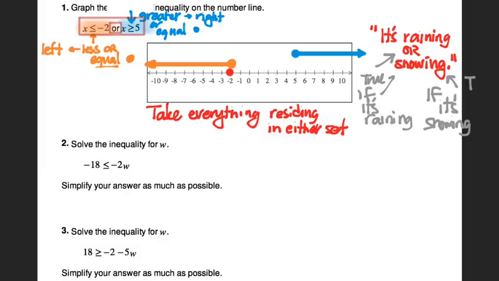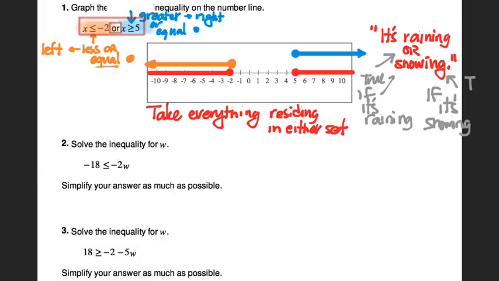So I'm going to include a piece in my final answer that shades -2 and everything to its left. But then, likewise, I'm also going to include everything which is greater than or equal to 5. And so my final answer will also include the number 5 and everything which is to its right.